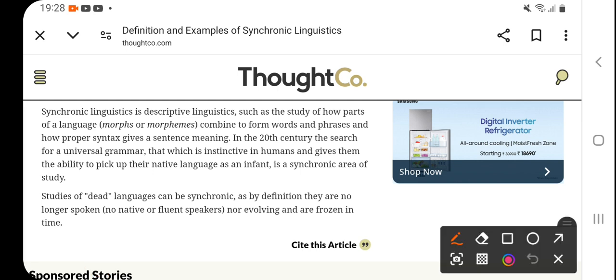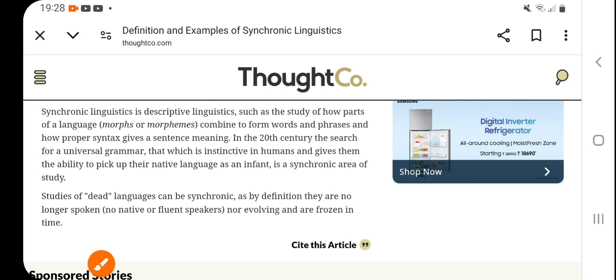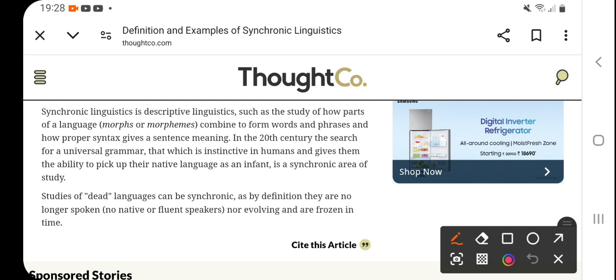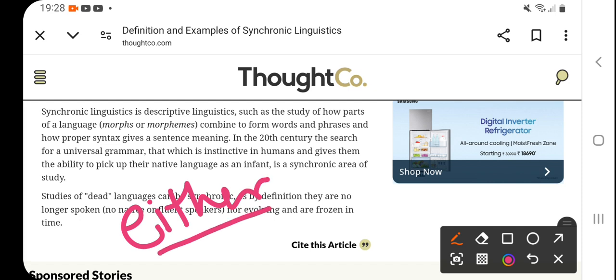Suppose we take the word "either". That's a study of how these morphs are joined together to make words.